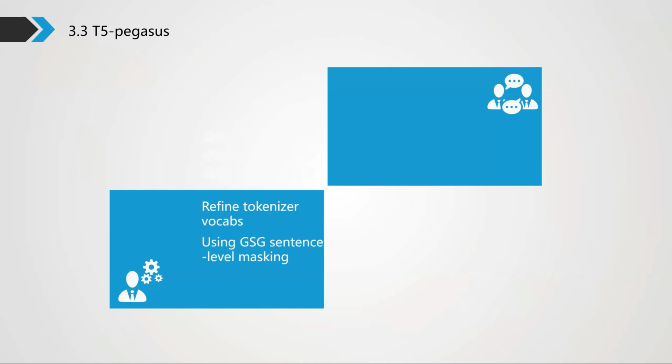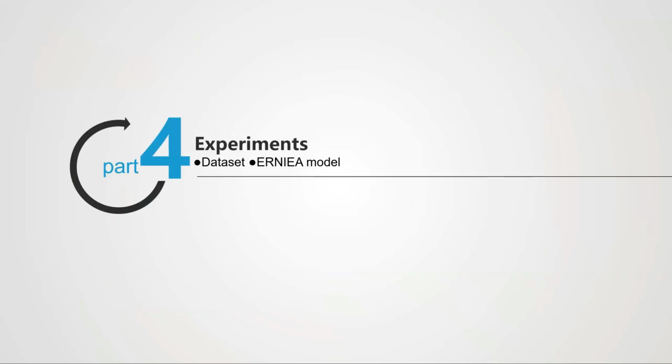And also it designs a new pre-training sample construction method for documents through a search strategy. A certain number of target sentences are selected and the remaining sentences are used as source sentences to do the sequence-to-sequence task. The final part is about dataset generation and ERNIE model building.